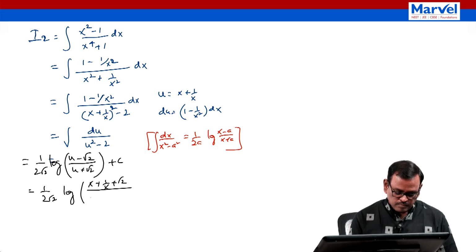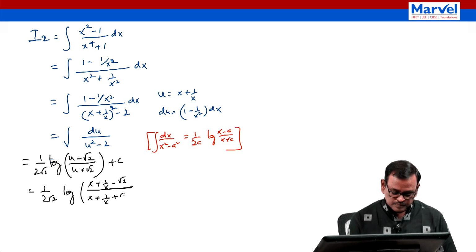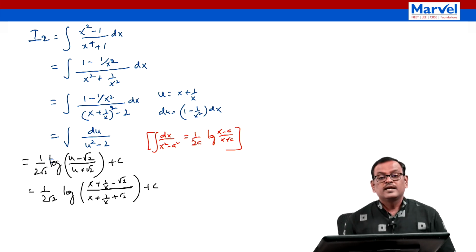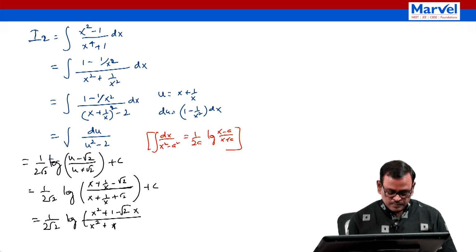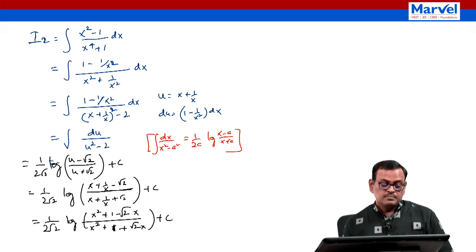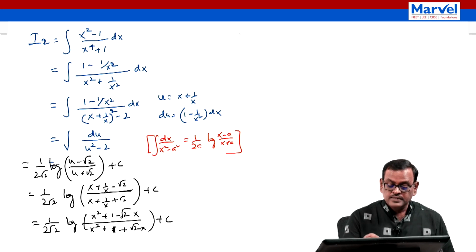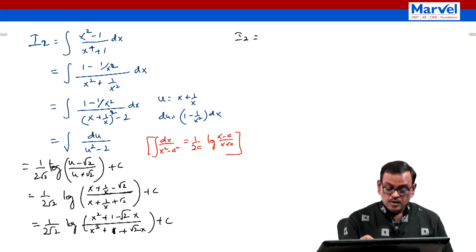The numerator is minus, denominator is plus. Next, simplifying this, 1 by 2 root 2 log of x square plus 1 minus root 2 x by x square plus 1 plus root 2 x plus c.